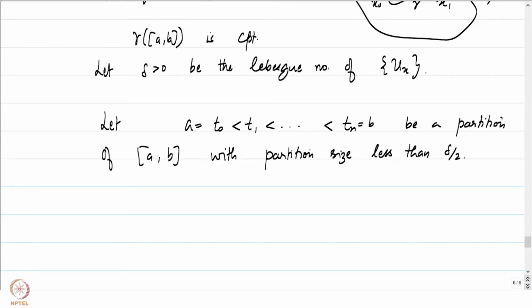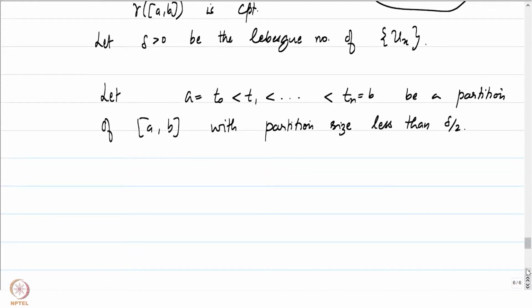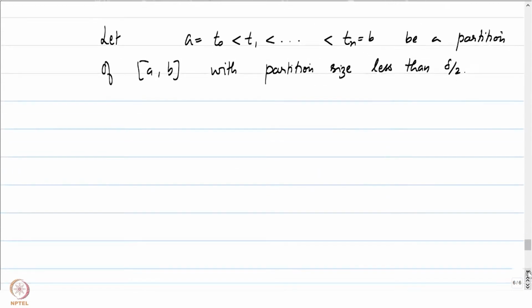So in particular, if you pick gamma of ti, let's call it xi, and gamma of ti plus 1, they are going to be in one of the U_x's, and therefore in one of the evenly covered neighborhoods. So consecutive points on the image lie in evenly covered neighborhoods. That is the goal of picking such a partition.